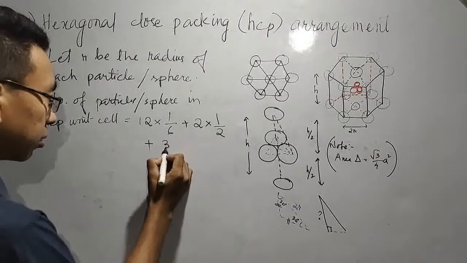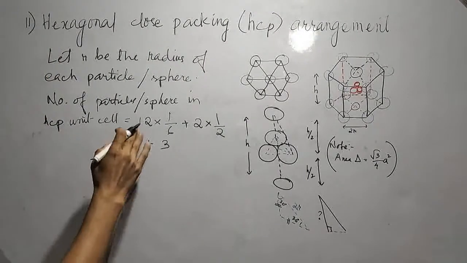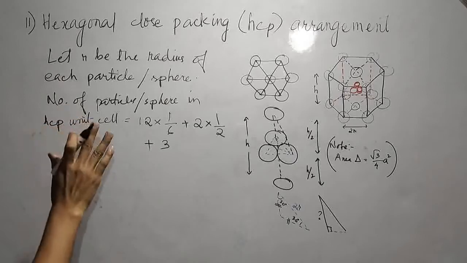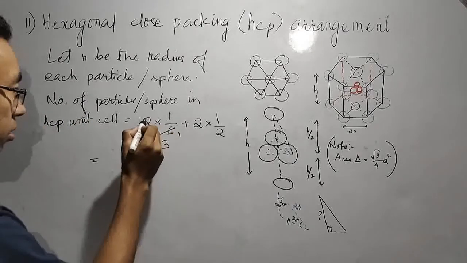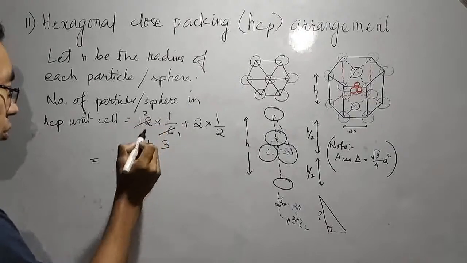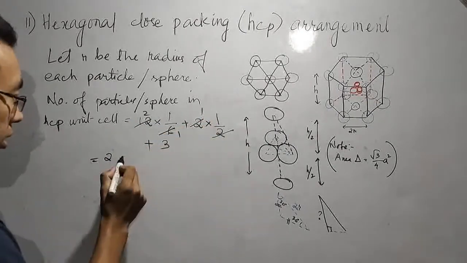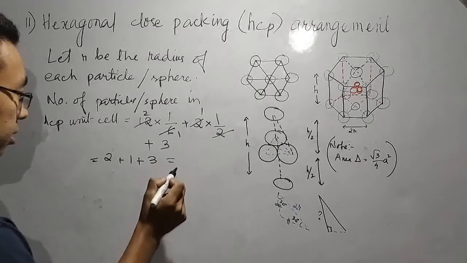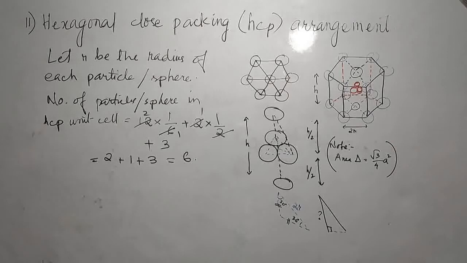So the total is 3. Hence the number of particles present in this HCP unit cell is 12 into 1/6, which is 2, plus 2 into 1/2, which is 1, plus 3, which is equal to 6. So the total number of particles present in one unit cell is 6.